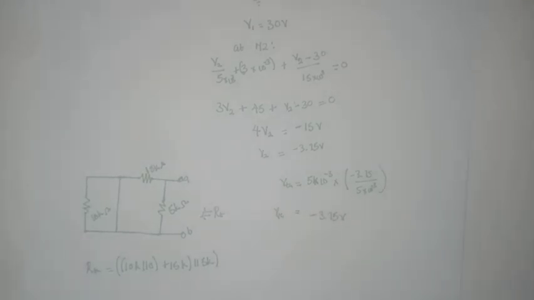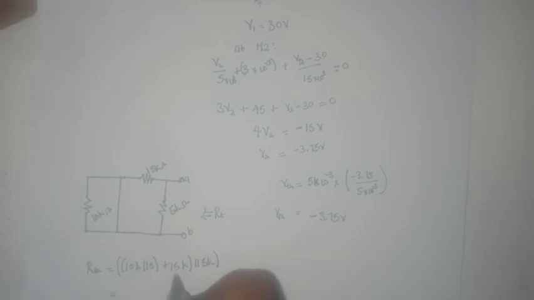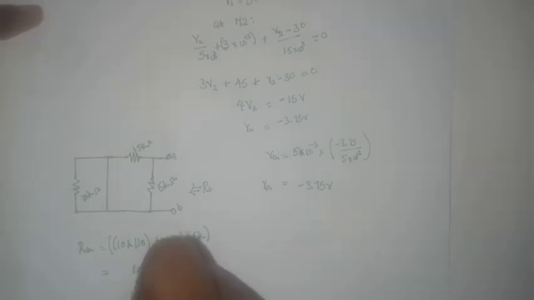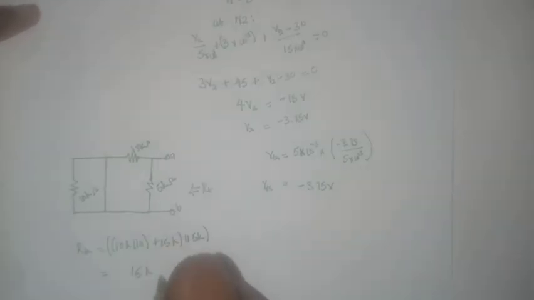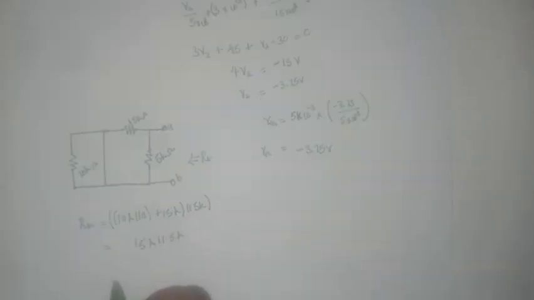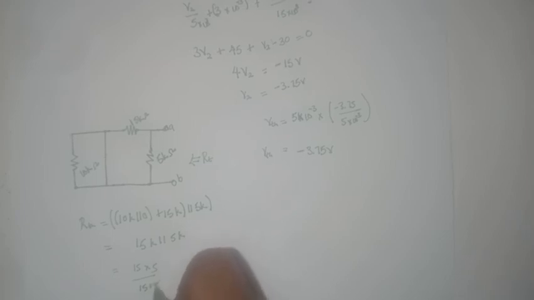Any resistance in parallel with a short circuit equals 0, so we expect to be left with 15 kilo ohms in parallel with 5 kilo ohms, and that leaves us with 15 times 5 divided by 15 plus 5, which is equal to 3.75 kilo ohms.